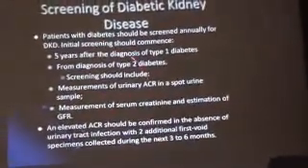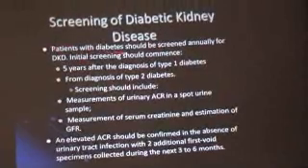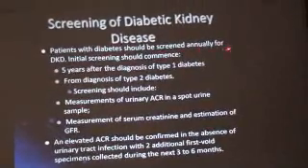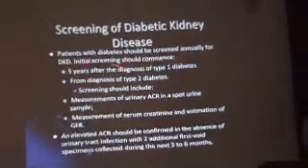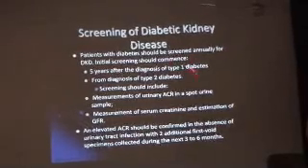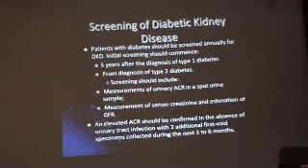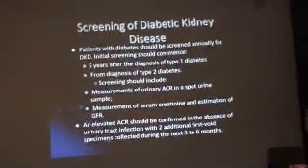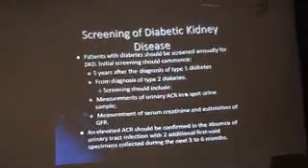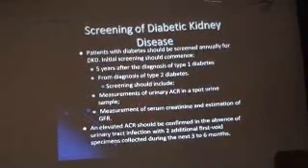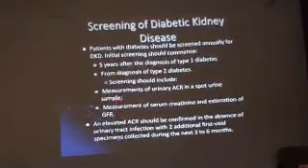Patients with diabetes should be screened annually for diabetic kidney disease. Initial screening is for type 1 patients at 5 years, and type 2 patients straight away. For diagnosis, measurement of the urinary spot albumin creatinine ratio is done, and it should be confirmed on 2 occasions at least 3 months apart.